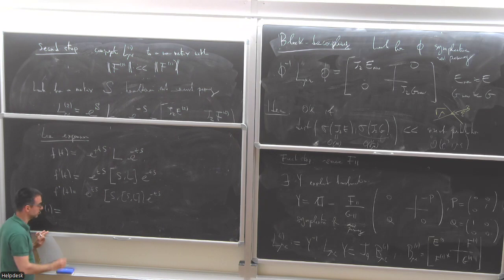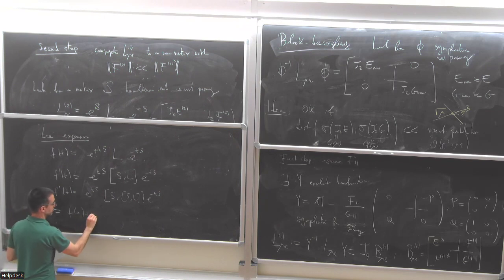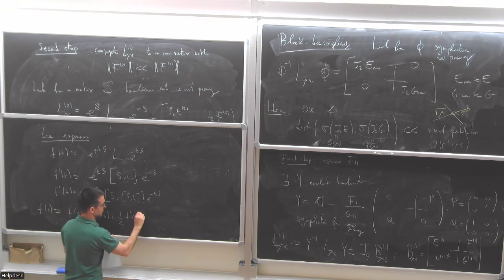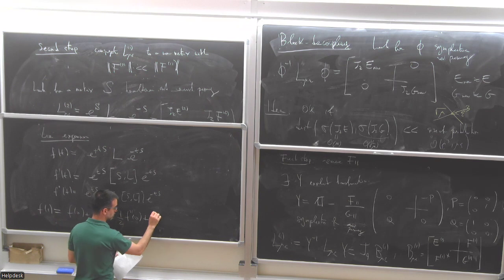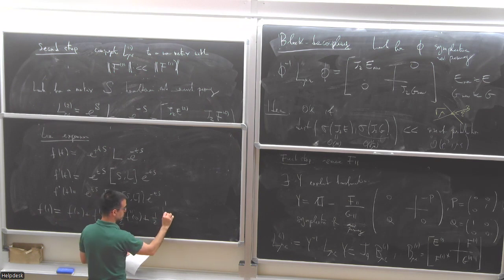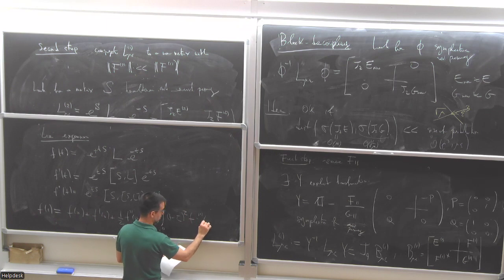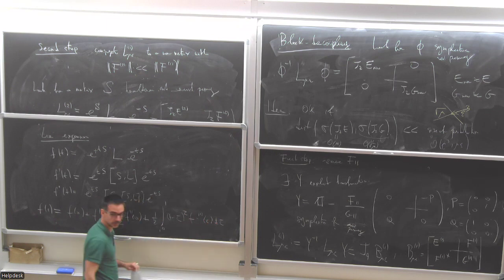Taylor series. This is f of 0 plus f prime of 0 plus 1/2 f second of 0 plus the integral between 0 and 1 of (1 minus tau) squared times f third.